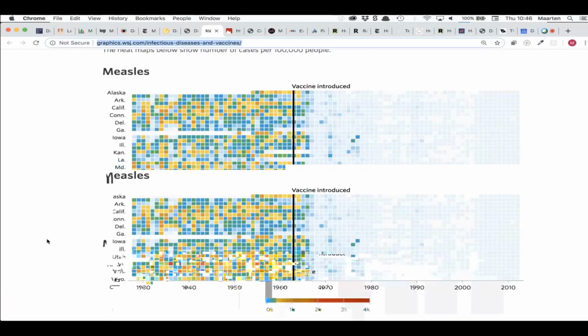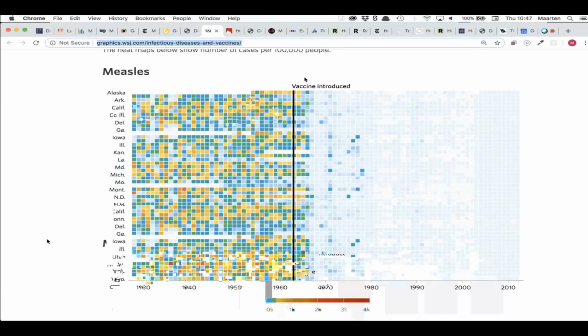So what you're looking at is the infection rate of measles in the different states of the United States. And the horizontal line represents the moment in time where the vaccine was introduced. And you can clearly see that infection rates went down quite considerably after the vaccine was introduced. So the visualization is showing the effect of vaccination on infection rates.